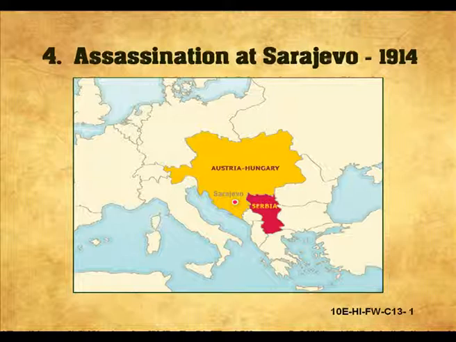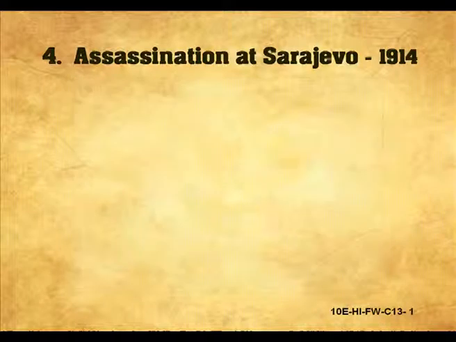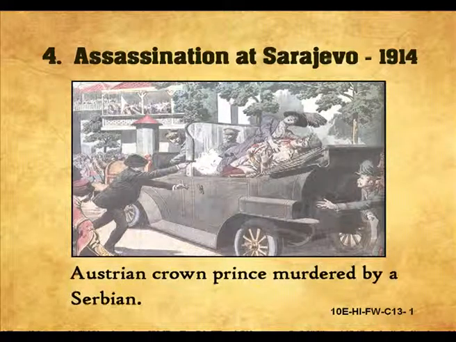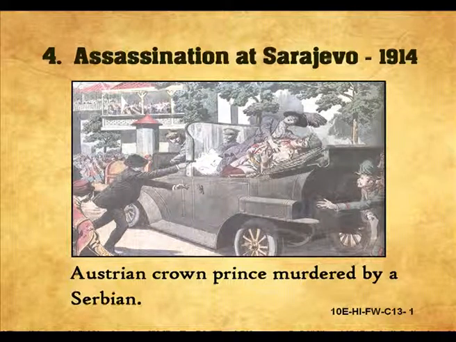Austria was the controlling country, but Hungary did not like the domination of Austria. When the Crown Prince of Austria was on a visit to Sarajevo, he was murdered. Austria was angered by this act and they declared war against Serbia.